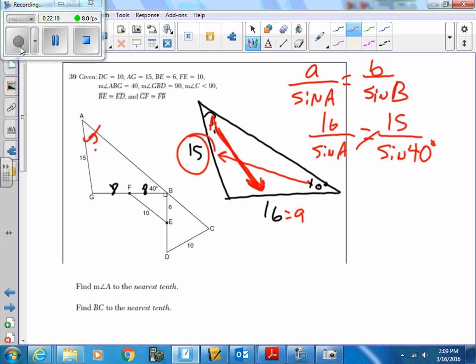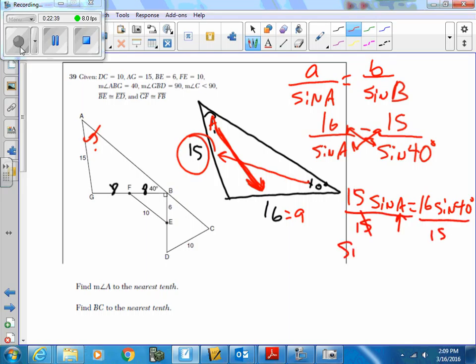So now when we cross multiply, you end up with 15 sine A is equal to 16 sine of 40. And remember you want to get this A by itself, so we divide both sides by 15. We end up with the sine of A is equal to 16 sine 40 divided by 15.